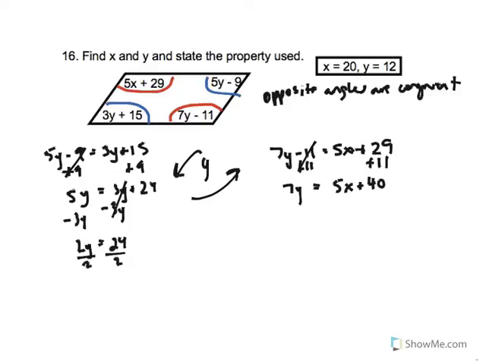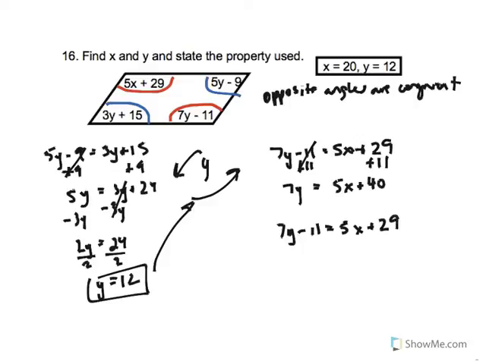Divide both sides by 2. I get y equals 12. So now I'm going to substitute that 12 back into the original equation. So let's use the original equation. 7y minus 11 equals 5x plus 29. So 7 times 12 minus 11 equals 5x plus 29.